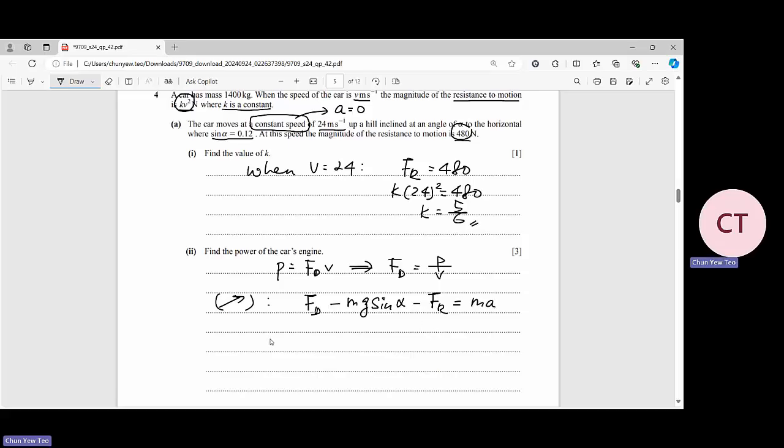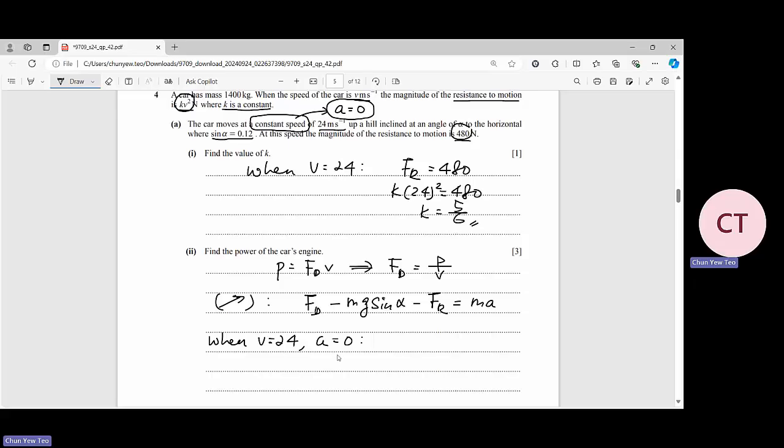So a is 0 because of the constant speed. I told you that a is 0 because of constant speed. So I change this when v is equal to 24. The acceleration is equal to 0.